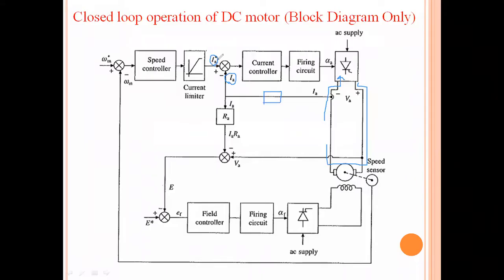This summer compares the reference current IA star and the actual current of the motor IA, and an error signal is generated here.